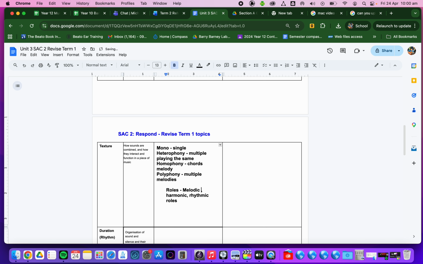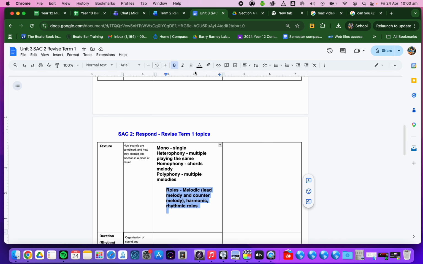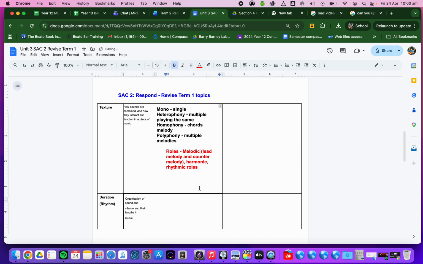Melodic can include lead melody and counter melody. Harmonic roles could include bass lines. They're playing a lower harmonic role or a lower melodic role. And the rhythmic roles are the drums and percussion. So that's what we're trying to describe.